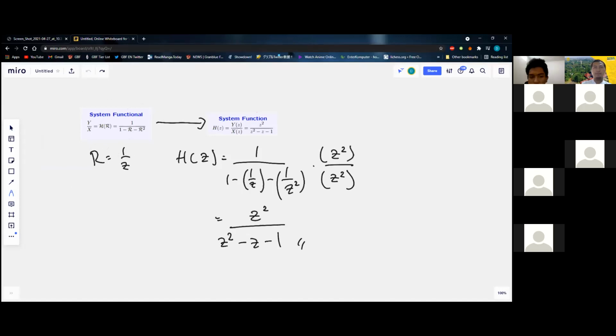The system functional variable R is defined in the Z domain as R equals 1 over Z. So if we want to convert the system functional into the system function, all we need to do is plug the variable 1 over Z into R. And then we can plug in here 1 over 1 minus 1 over Z minus 1 over Z squared, and then we can simplify it to get the system function. I think that's it for the explanation.